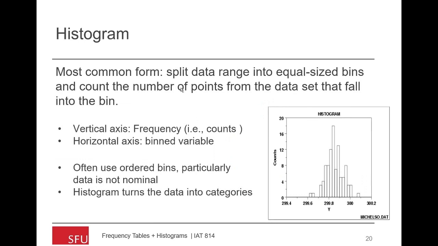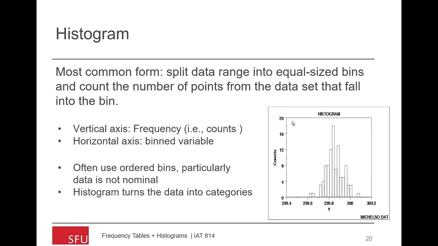A histogram is something where you get to see what's going on in the data. We draw this histogram by splitting the data range into equal-sized bins and counting the number of points from the data set that fall into each bin. The little exception is that the lowest and highest bins might also take any value that's less than the minimum and any value that's greater than the maximum, just to catch big outliers.